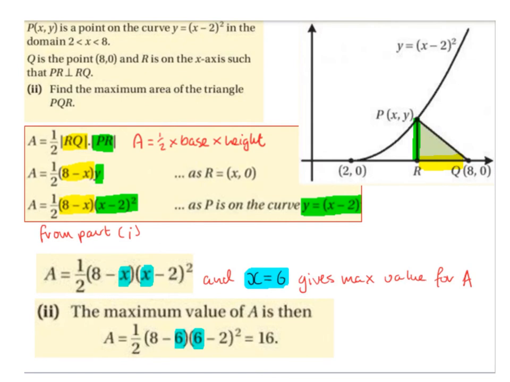So in part 1, we worked out that A, the area of this right angle triangle, is equal to a half times 8 minus x times x minus 2 squared.